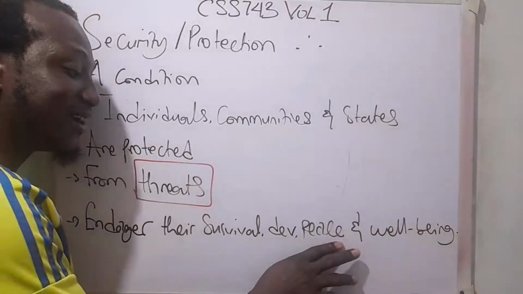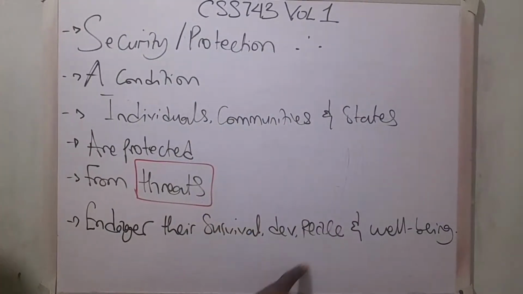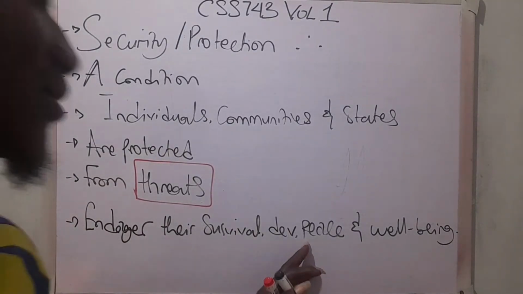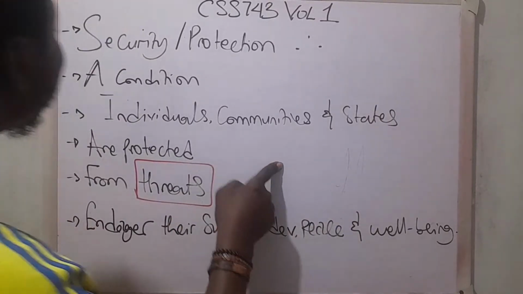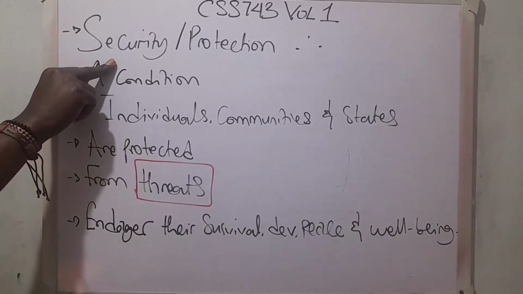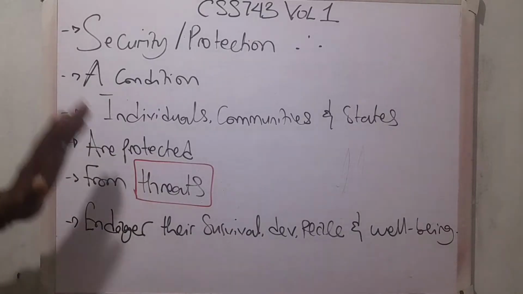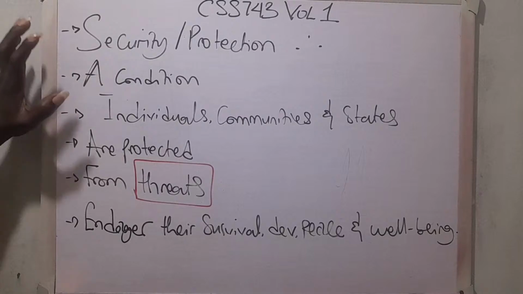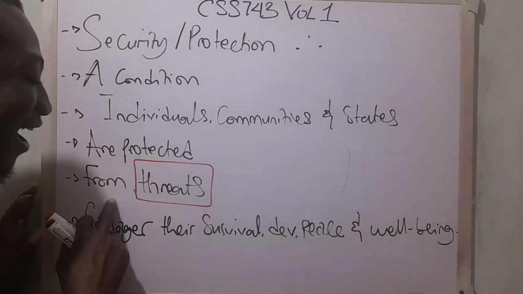Anything that endangers, topples, or unbalances, that makes peace unstable and inconsistent in a state or a community, is a threat against security. So security goes beyond just protecting an individual. It's a condition that guarantees protection against any threat.